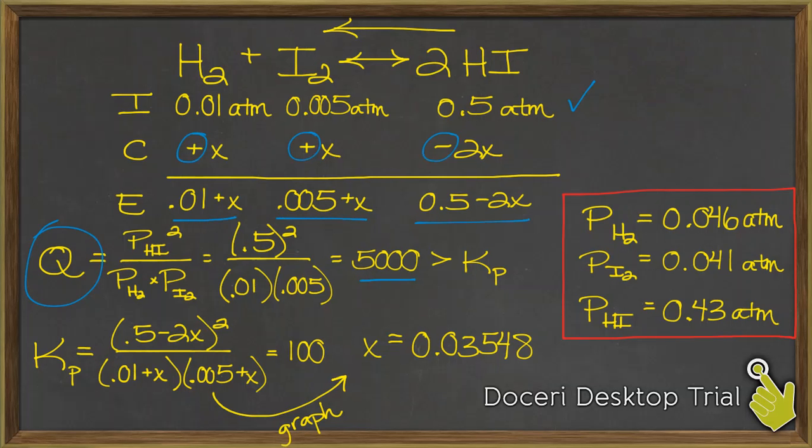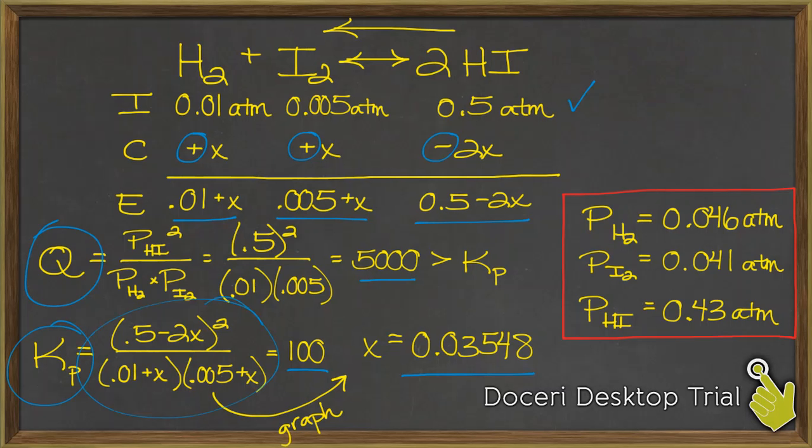I got my 3 expressions here and I plugged them into a K expression. Here's my Kp value. I graphed it on my calculator. Now, if you got a number other than that and you're having graphing issues, those of you that are my students are welcome to come to me and we can work through your calculator issues and figure out what the problem is. 9 times out of 10, guys, the problem is that you've left off a set of parentheses somewhere when you're typing this whole expression into Y2.